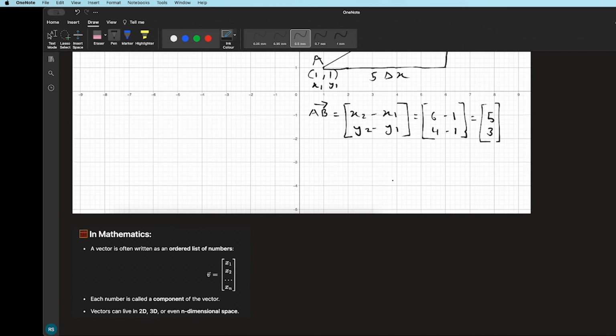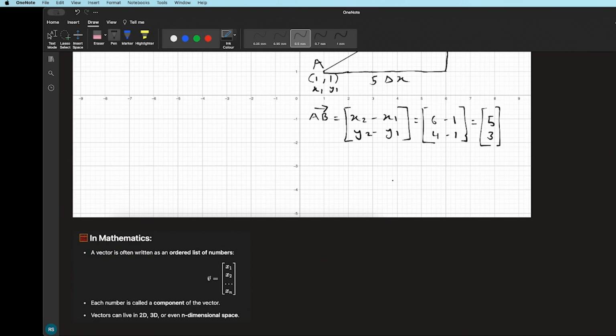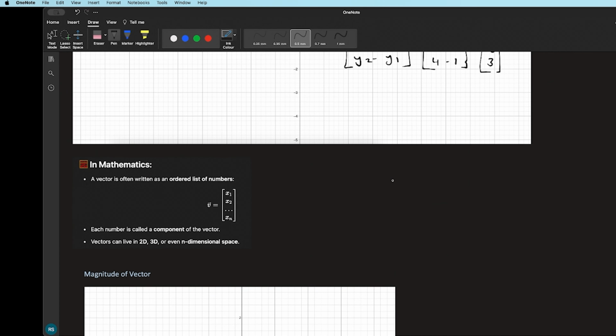Now, as you can see here, this is the vector represented in 2D coordinate space. There can also be a vector in n-dimensional space. So what is n-dimensional space? Humans can visualize up to 3-dimensional space, but if we want to go above 3 dimensions, then we have to do it mathematically.